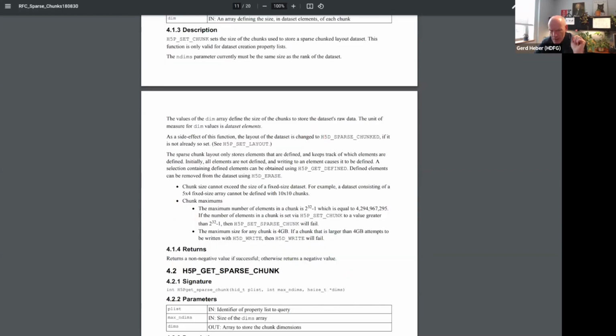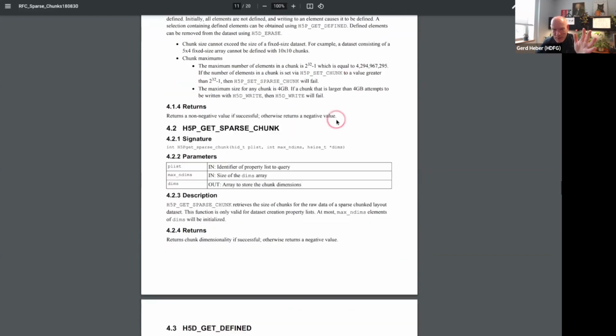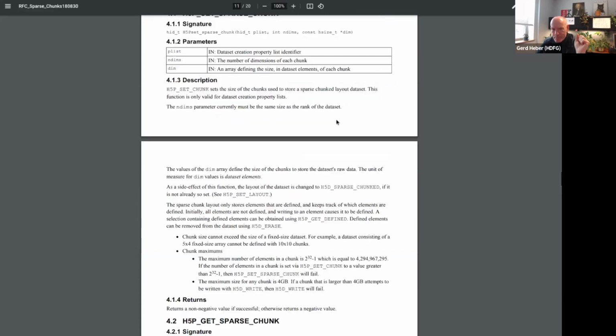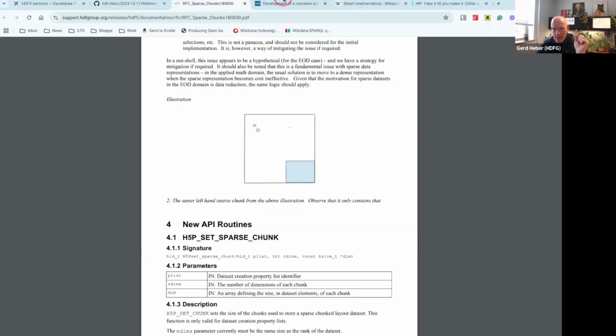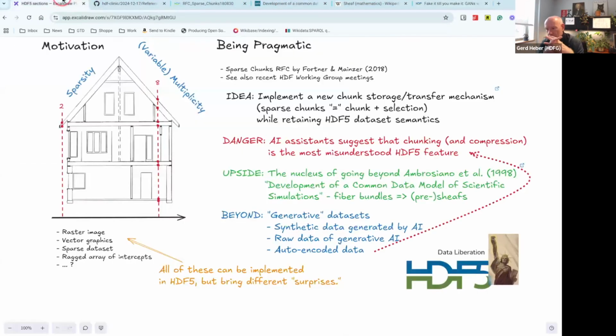The good news is maybe there's a handful of new calls, mostly yet another property list or other property lists and so forth. But by and large, the API is pretty much unchanged. So if there were a pre-release, you can take advantage of these without too many code changes.